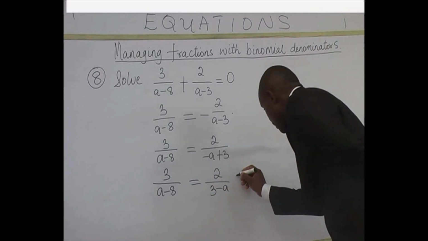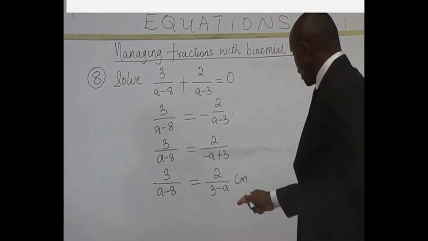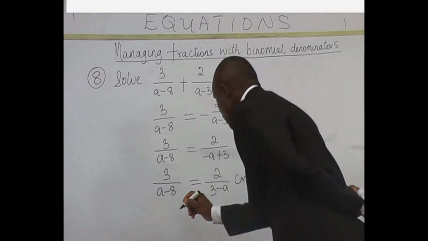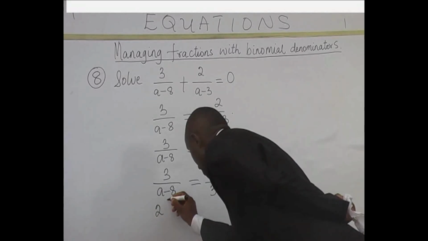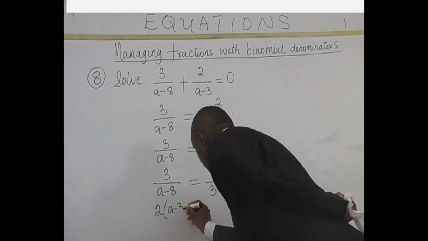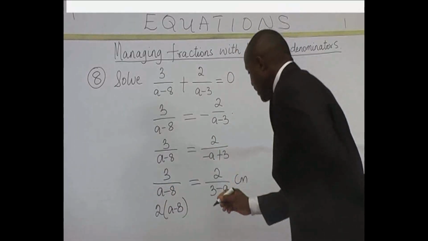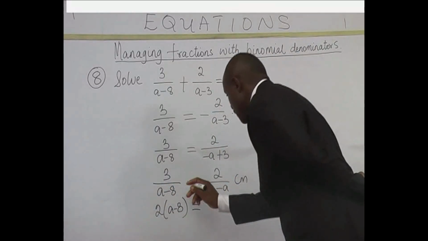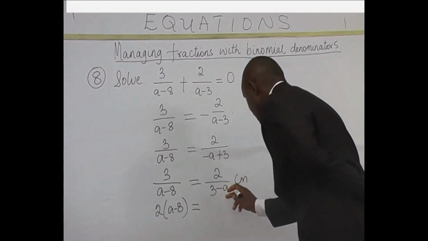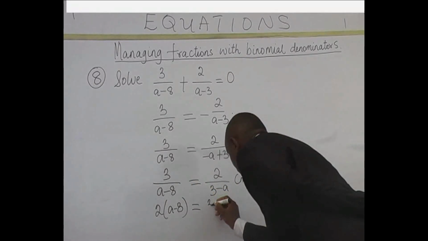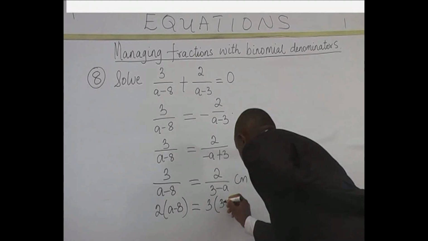At this level, you can cross multiply. 2 times a minus 8 will give you 2 into a minus 8. Then it's going to be equal to 3 times 3 minus a, which is going to give you 3 into 3 minus a.